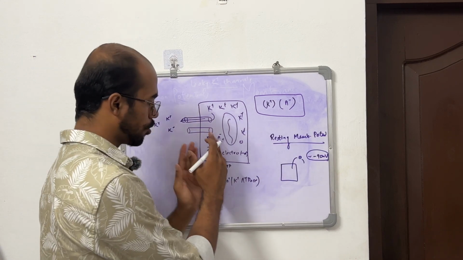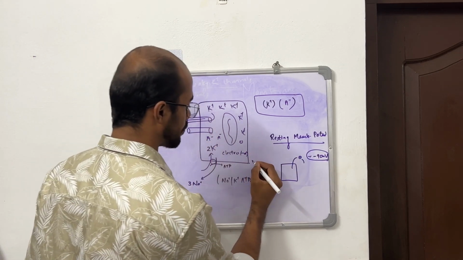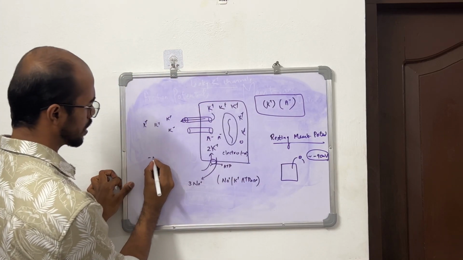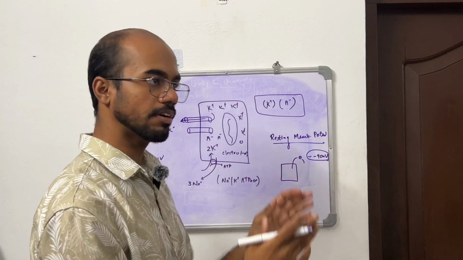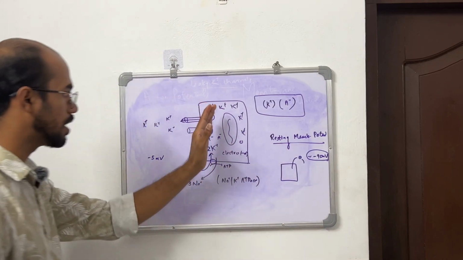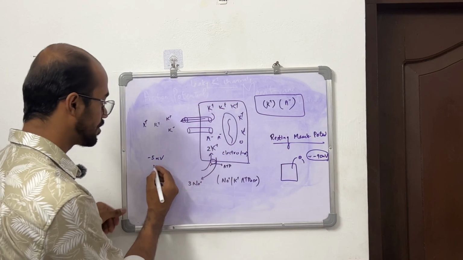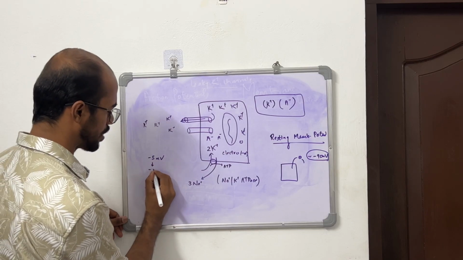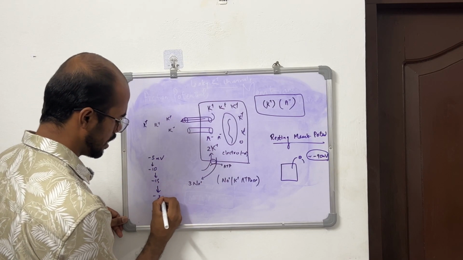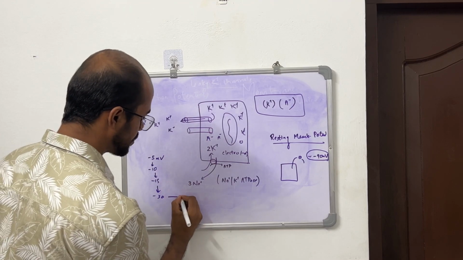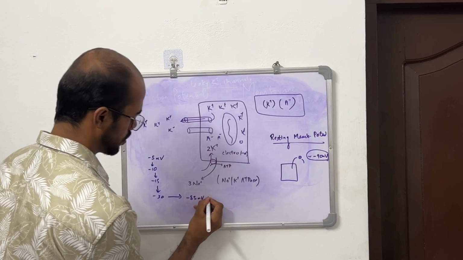The sodium potassium ATPase, whenever it works, causes a potential difference of around negative 5 millivolt. But whenever this potassium starts to move out through the leaky potassium channels to the extracellular space, this negativity starts to increase. It moves to negative 10, then negative 15, then negative 30. Eventually, it reaches around negative 85 millivolt.